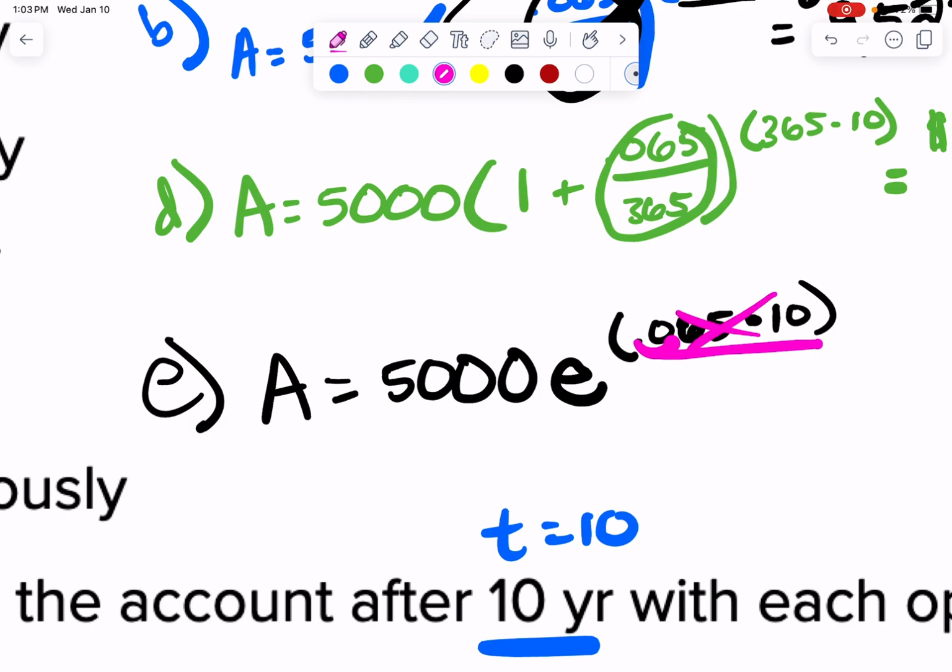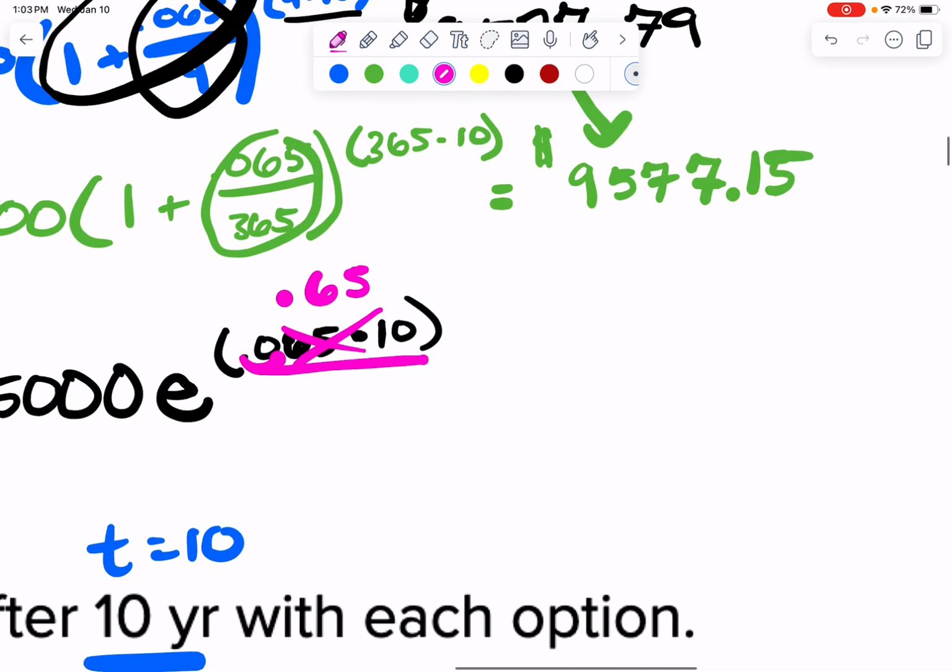So this whole thing would just be 0.65 if you want to make it a little bit easier. All right, I've got e to the 0.65 times 5,000. Less to type in even.